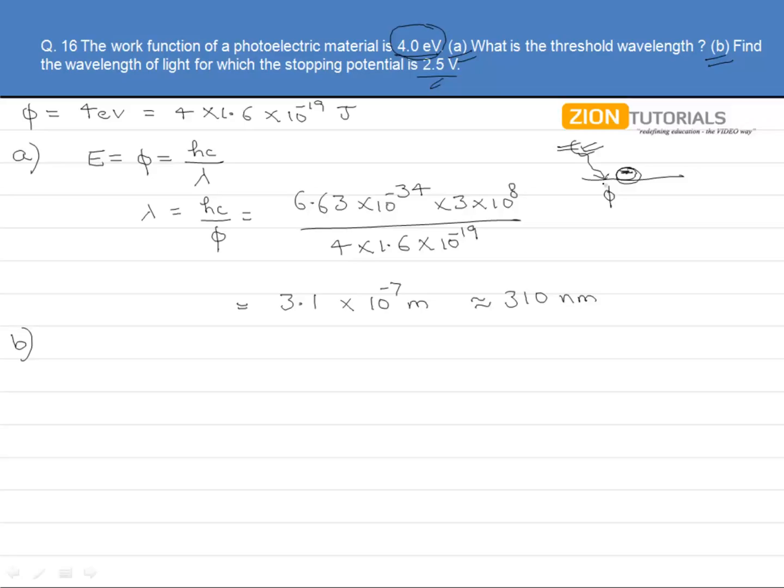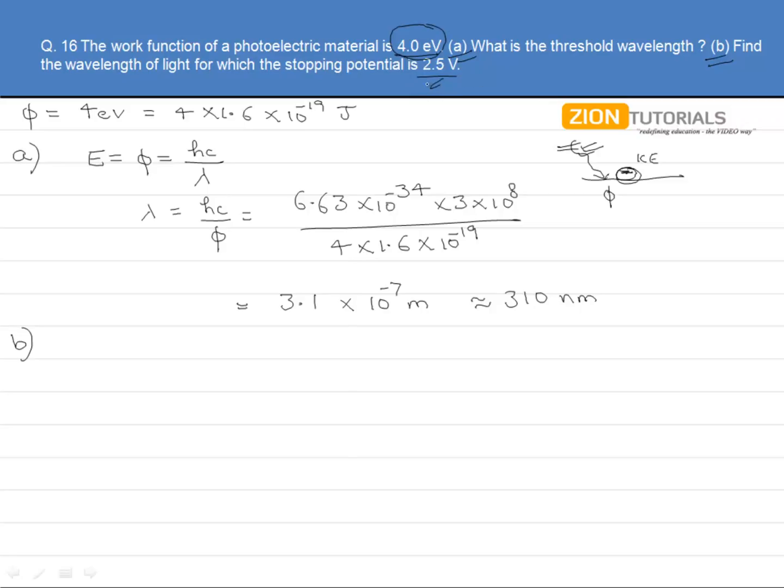So that extra energy is supplied to this electron in the form of its kinetic energy. So the wavelength of light we need to find must obviously be less than this threshold wavelength, for which the stopping potential is 2.5 volts.